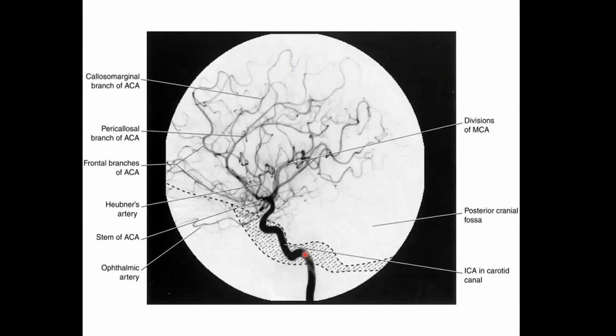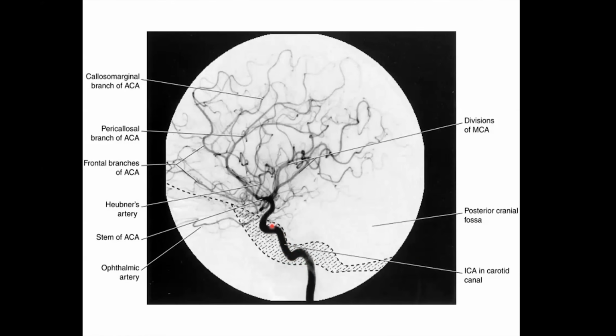Inside the petrous bone, we turn. Now remember, you're looking laterally, so you have to imagine the plane you're looking in. So this is what that turn medially looks like from this perspective. And then we come in straight and we turn again. And this time we're coursing up, we're going underneath that petrolingual ligament.